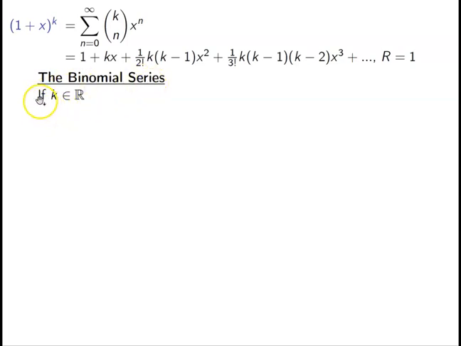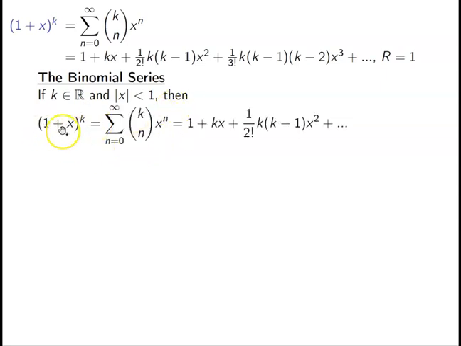So the binomial series. If k is not an integer, I'm sorry, if k is a real number, and x has absolute value less than 1, so in between -1 and 1, then this binomial expansion, given by the sum of n choose k x to the n, is equal to this series that we just discussed, right?